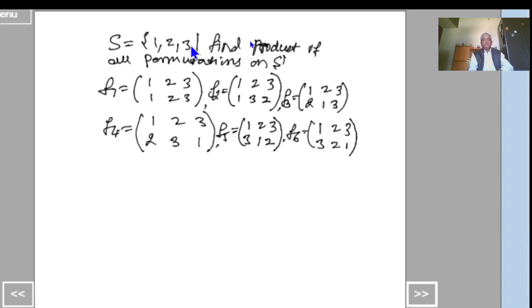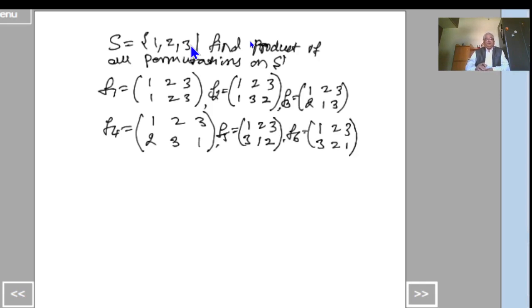So these are the permutations on S. Totally we get 6 permutations here. These are all different permutations. S consists of 3 elements, so we get 3 factorial permutations.